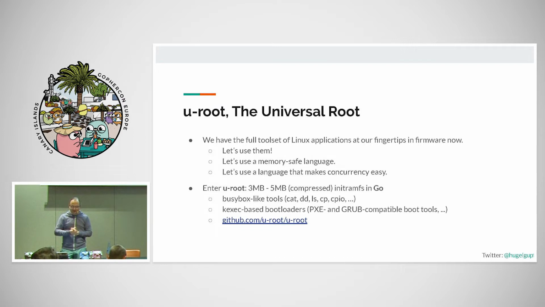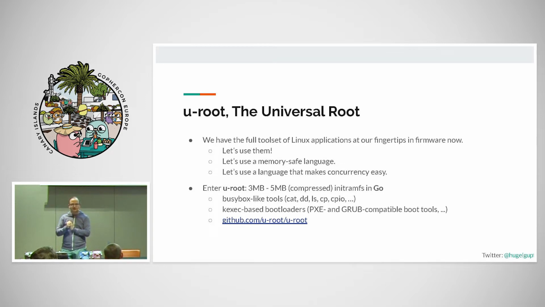So about that, you may know that Go binaries are not usually actually small. A normal hello world comes out to maybe 12 megabytes, I believe, something like that. But we've come to the point where we can compress a Go initramfs down to 3 to 5 megabytes of space.